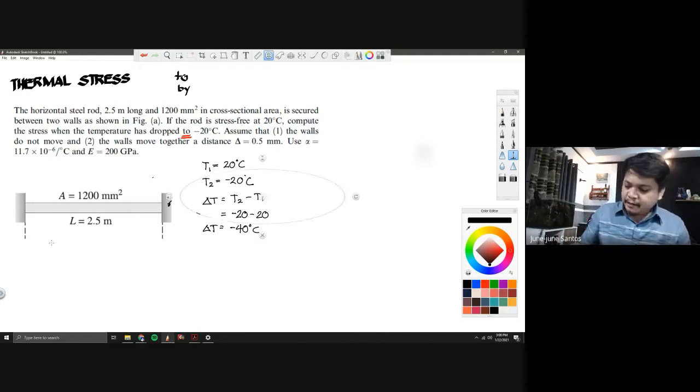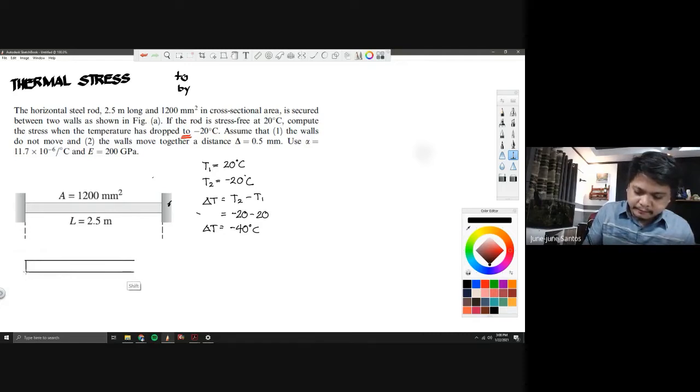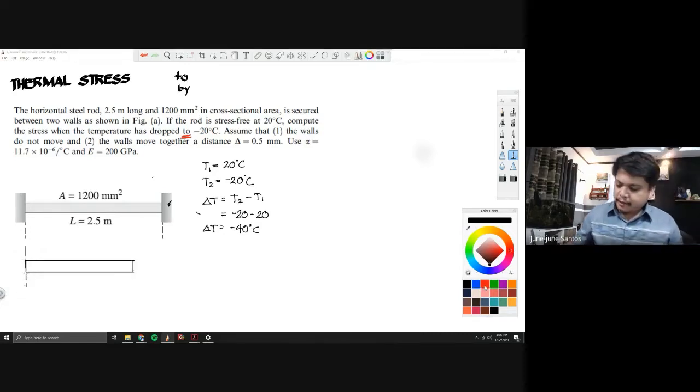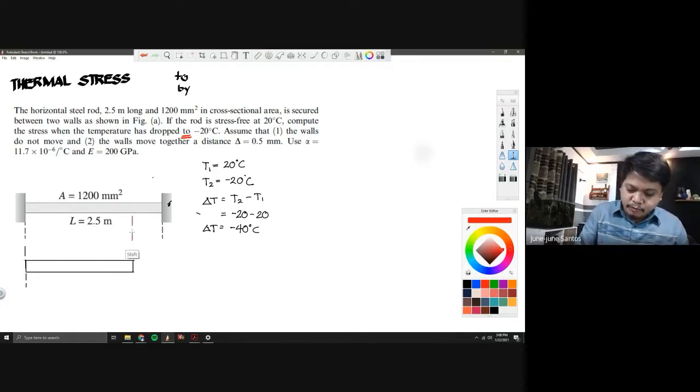Assuming, dahil lumamig, ang mangyayari, nag-shrink siya. Okay? So, ito yung aking deformation due to temperature.